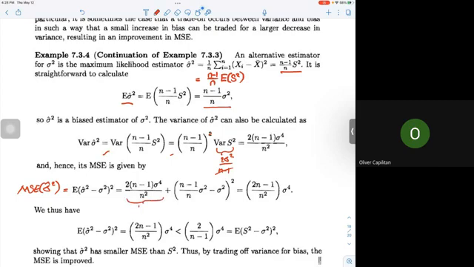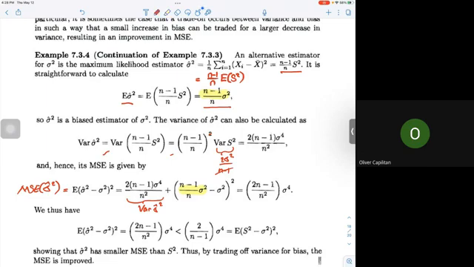And this is the bias. The bias is the mean of the estimator, the mean of the estimator minus the parameter. You square the bias.